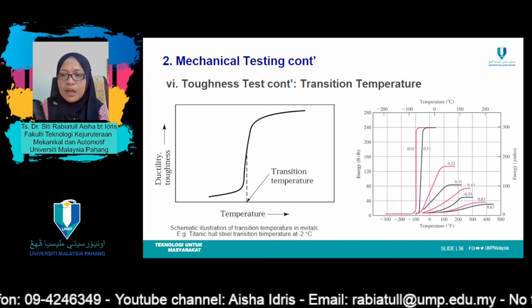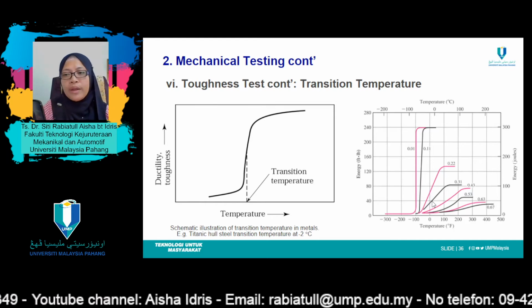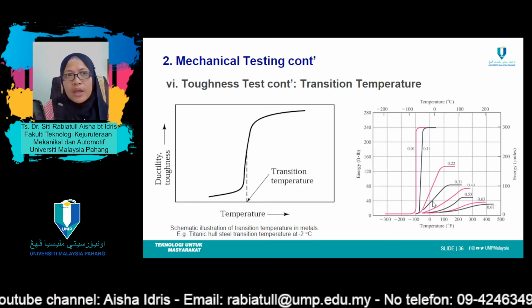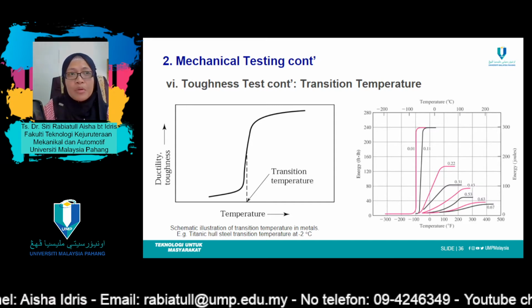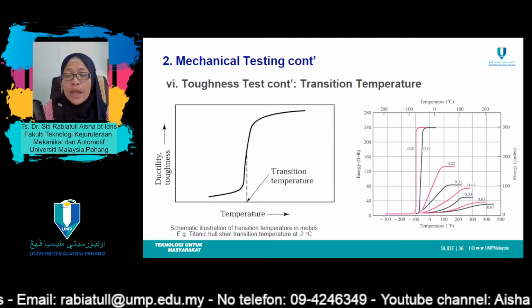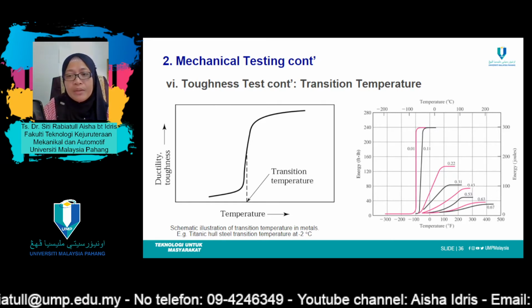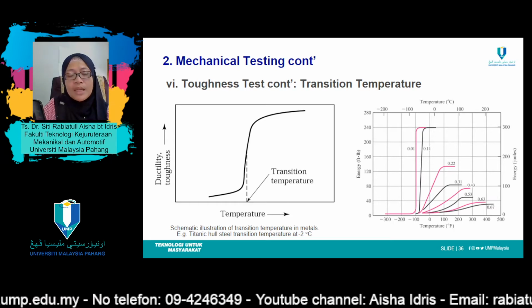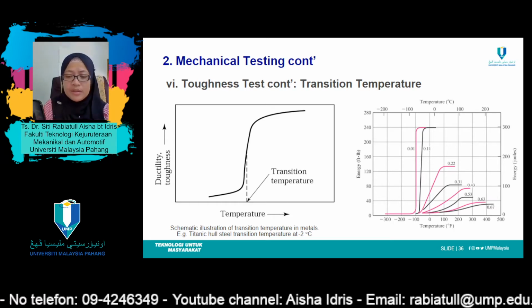It will become brittle. That's why, in the incident of the Titanic, when the materials were exposed to very low temperature, the steel changed into brittle in nature. Then once it hit the iceberg, it suddenly broke.